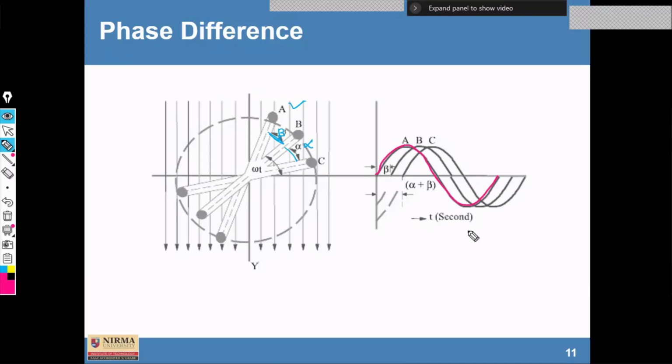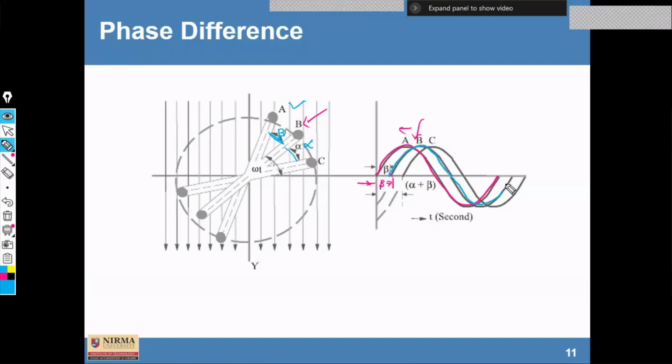Okay, fine. Now, if we want to represent the quantity B with respect to A, we know that there is an angle between A and B. So the second quantity will shoot up after an angle beta, and then we can represent the quantity B here.